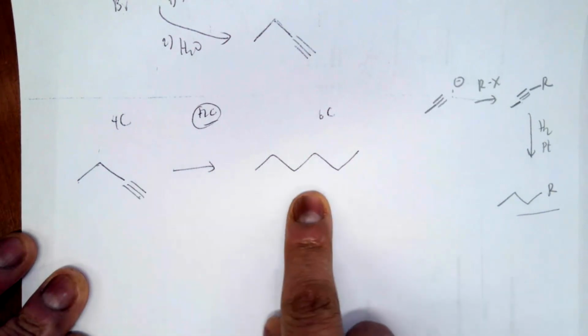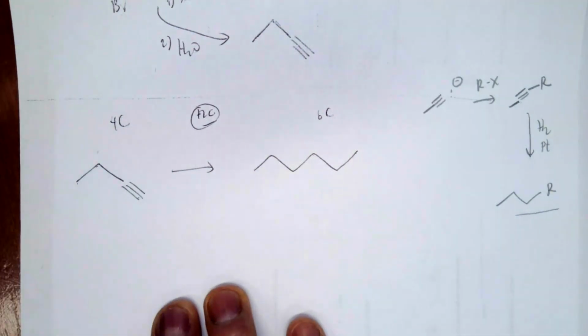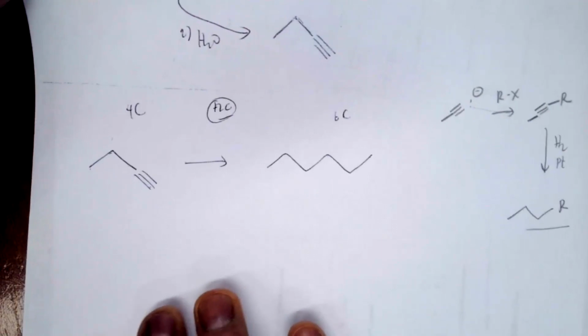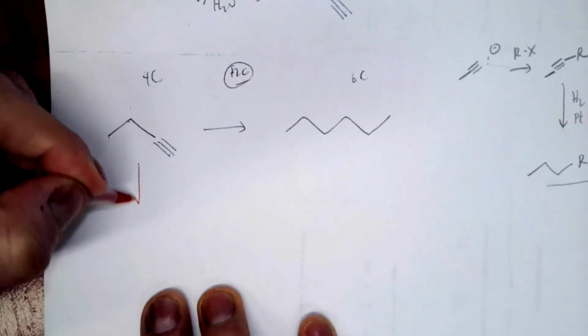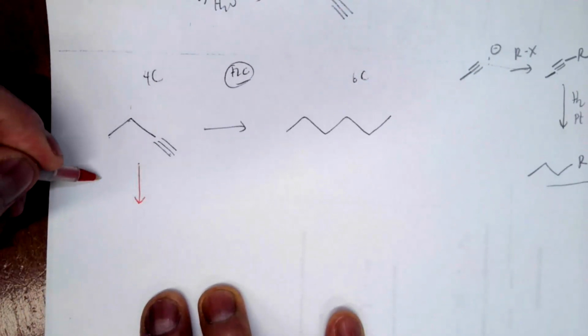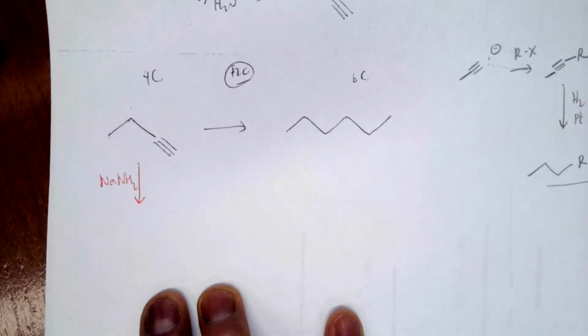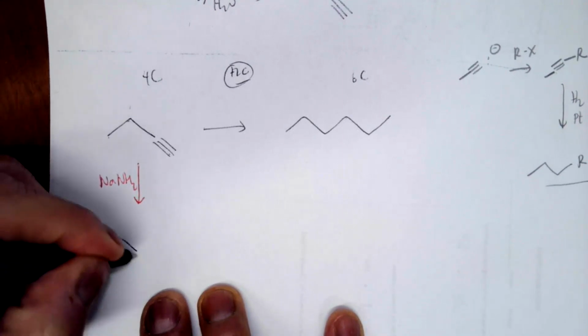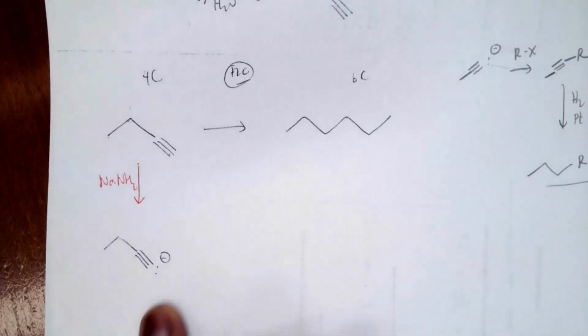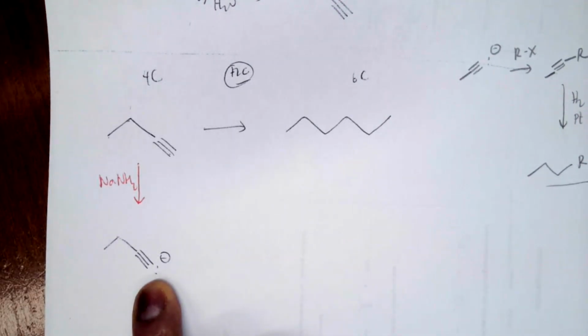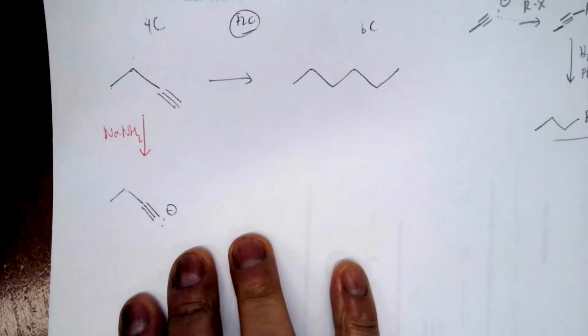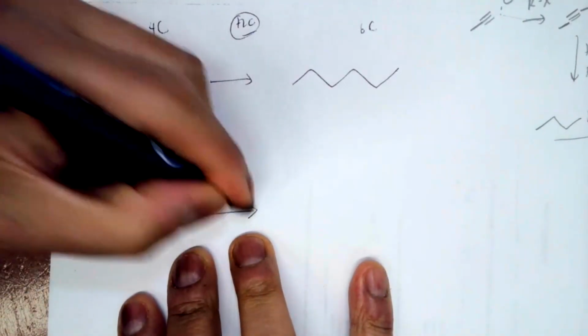So in this case, I can go forward. I know that I have to form the alkynide ion. How do I make the alkynide ion? With sodium amide. You use sodium amide, and the alkyne gets deprotonated. And then I need to use the alkyl halide.